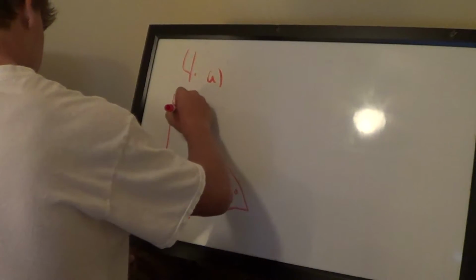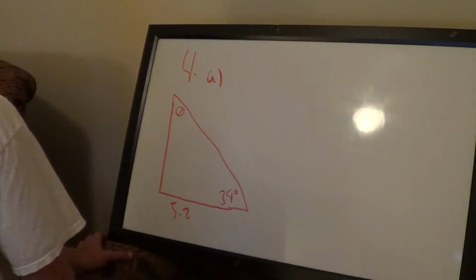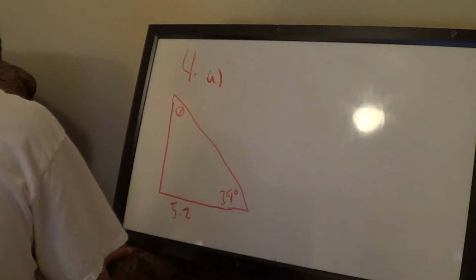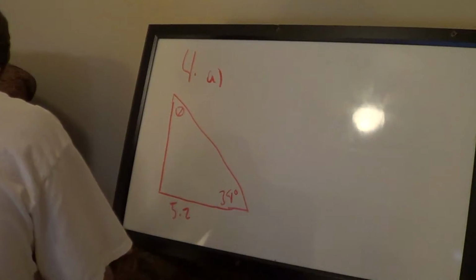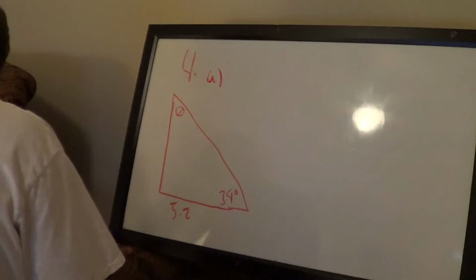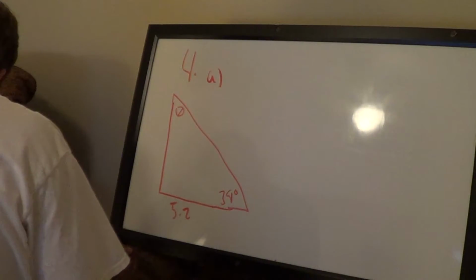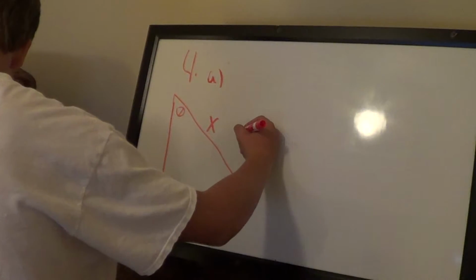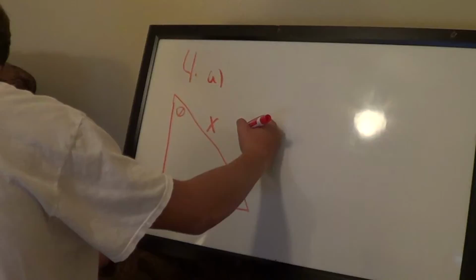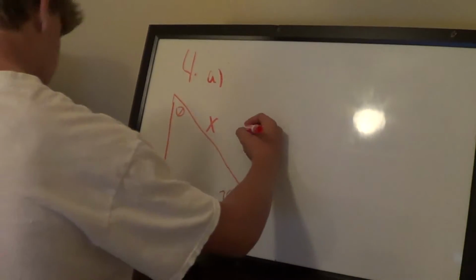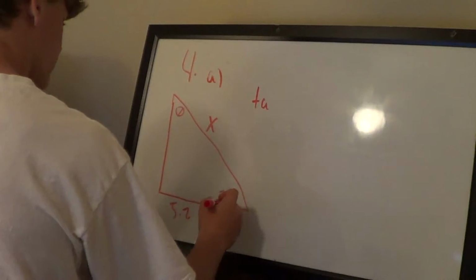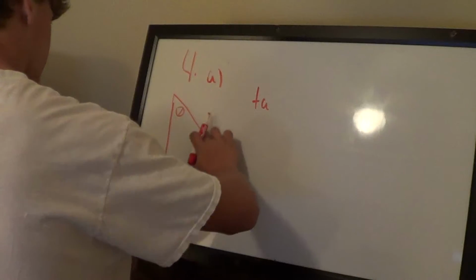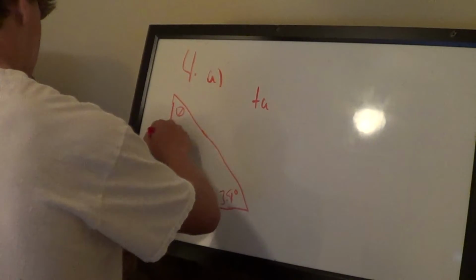And then we're trying to find that theta. This would be x, which is what we're trying to find. So tangent of 34. My bad, actually, this would be x.